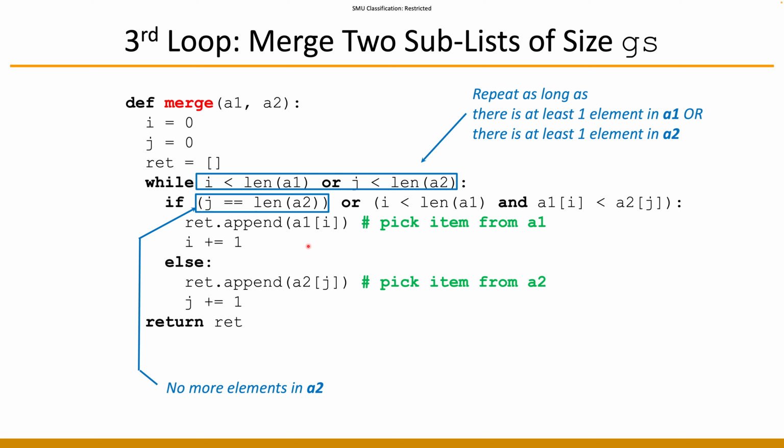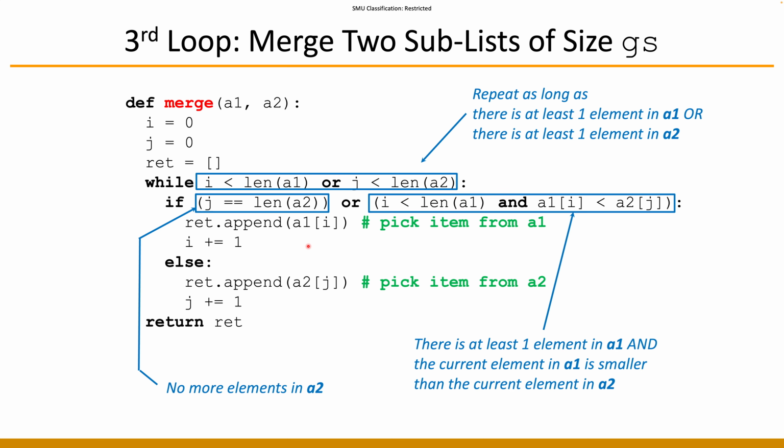But if you do have elements, if there's any element left in A1, you're going to compare A1's element pointed to by the current index I, and A2's element pointed to by the current index J. If A1 is smaller, you're going to append A1, right?